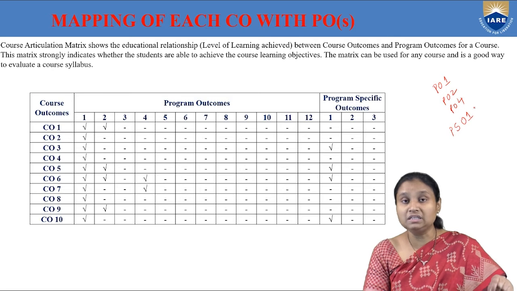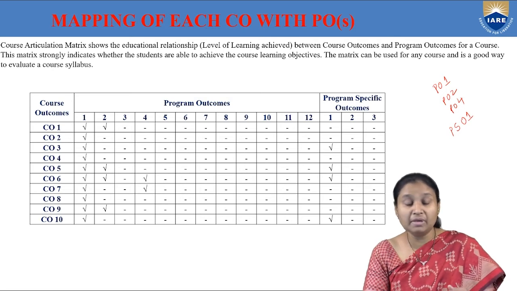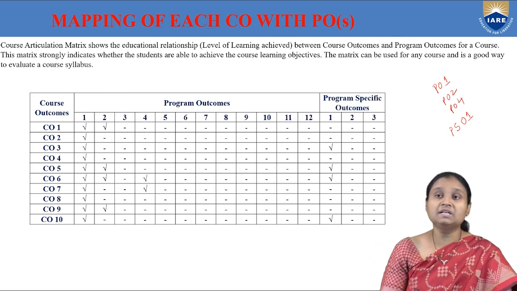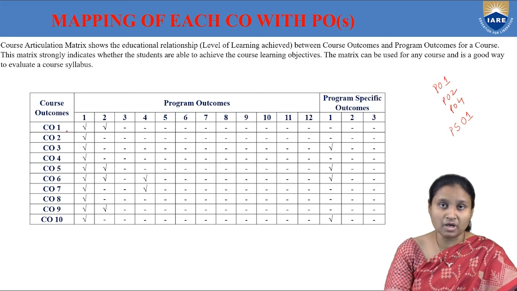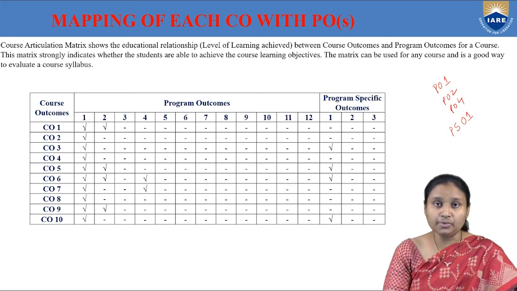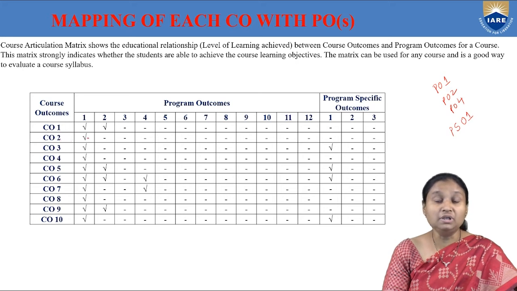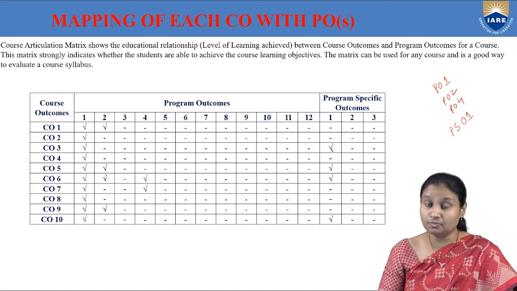Okay, now we are going to see each course outcome getting mapped to program outcome as well as program specific outcome. CO1 can be mapped to PO1, PO2. Whereas CO2 is mapped only to PO1. Whereas course outcome 3 is mapped to PO1 as well as PSO1.